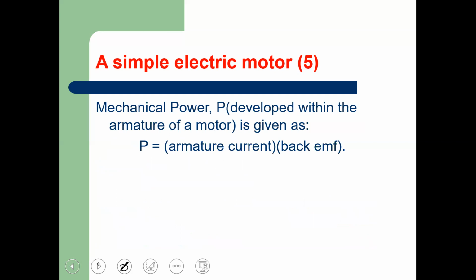And the mechanical power, we know power to be equal to IV, right? In this case, we'll be concerned with the armature current I and the back EMF V, if we are interested in mechanical power. So we're not just talking about just any current or just any voltage. We'll be interested in the armature current and the back EMF if we are interested in mechanical power.